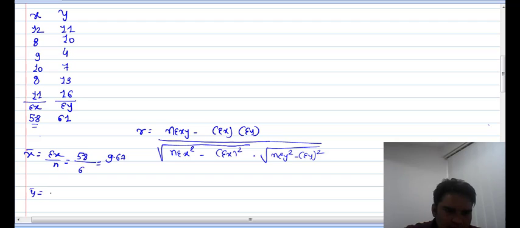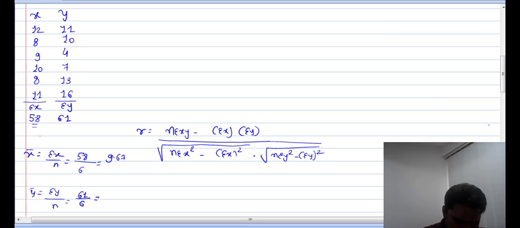And y bar is sigma y upon n, that is 61 divided by 6, so it would come to 10.17. Right?